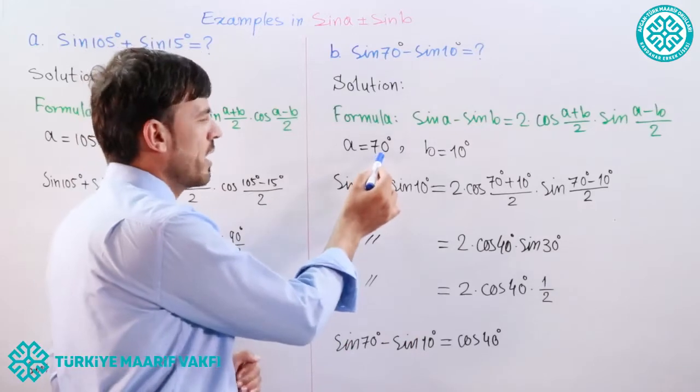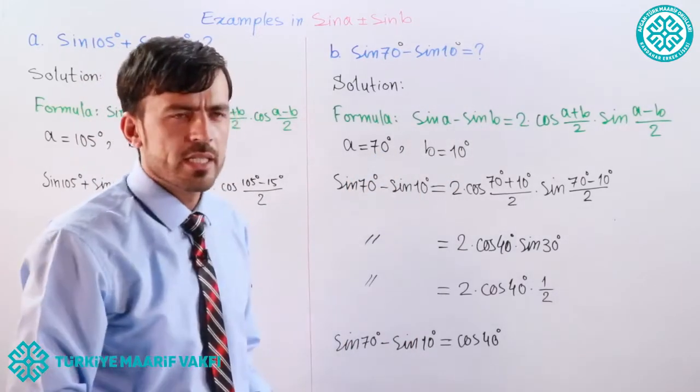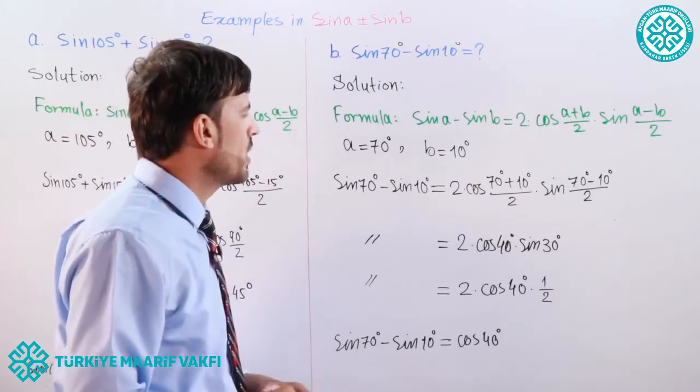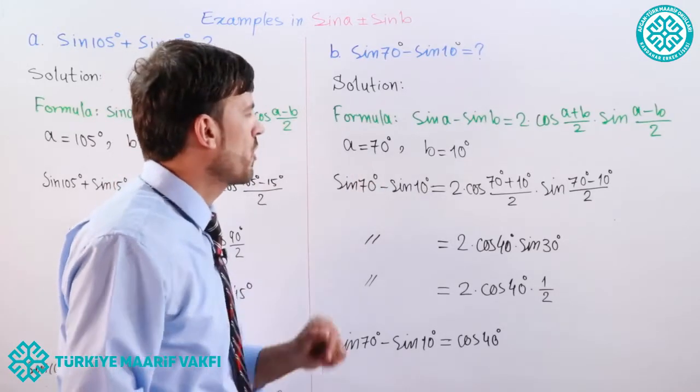A is 70 degree and B is 10 degree. We should replace the values, the numbers instead of variables.